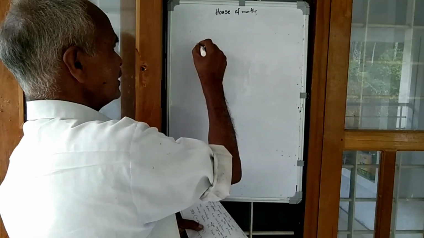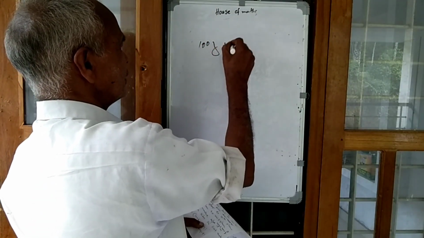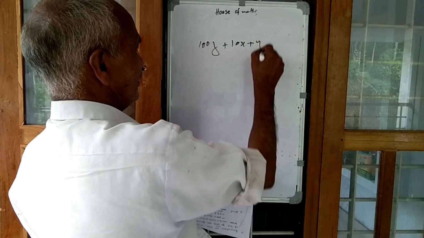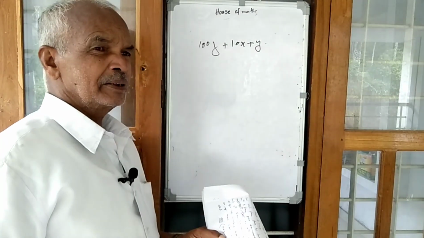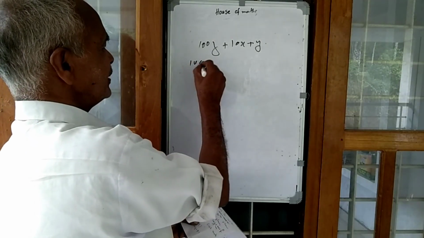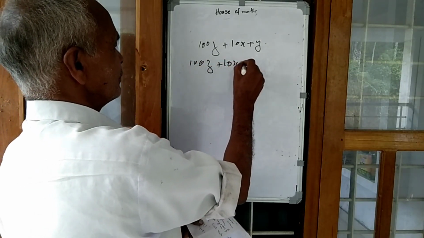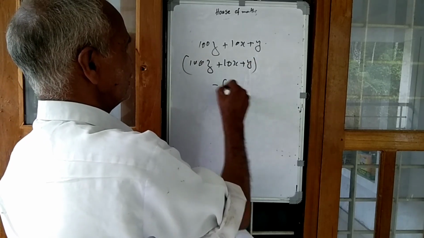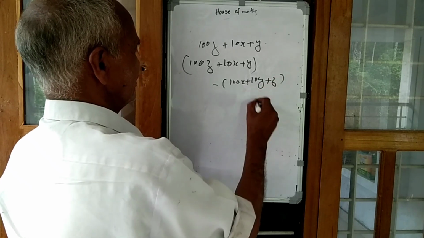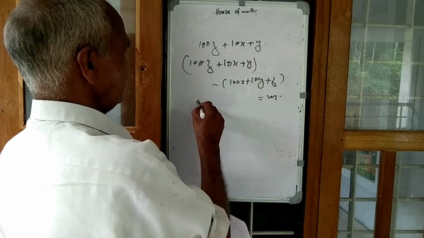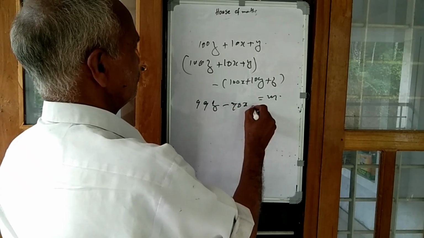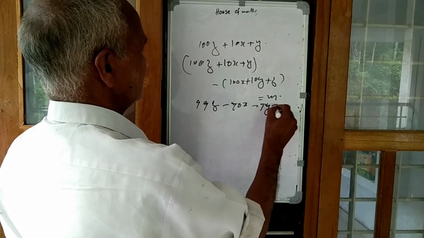Therefore, the second number 100z plus 10x plus y is greater than the first number by m. Then the difference 100z plus 10x plus y minus 100x plus 10y plus z equal to m. That is 99z minus 90x minus 9y equal to m.